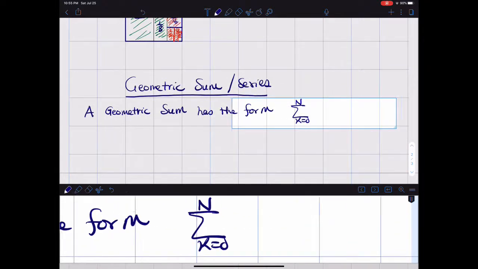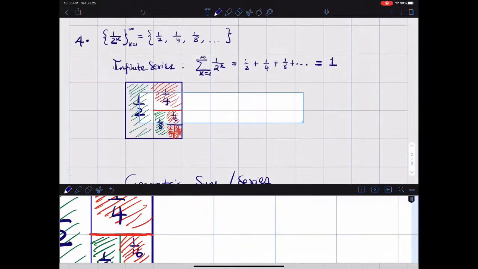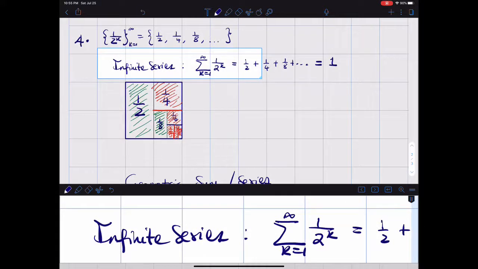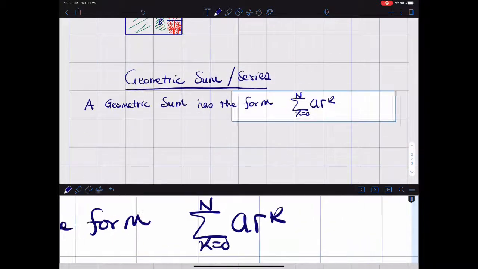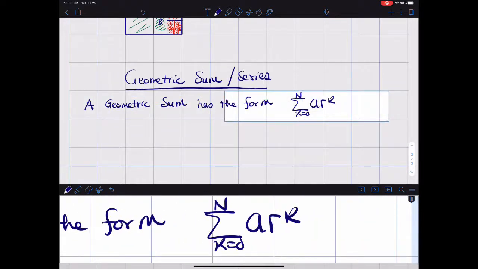But it doesn't matter. And this is r to the power of k. So this is just an example of a geometric series where the a is 1 and the r is 1/2. But we'll talk about that more.